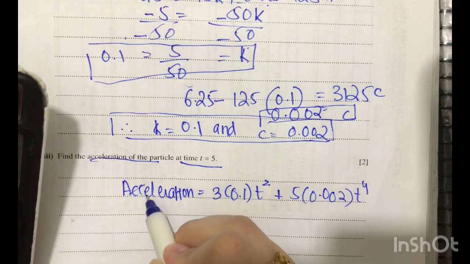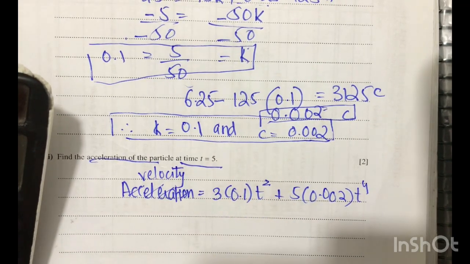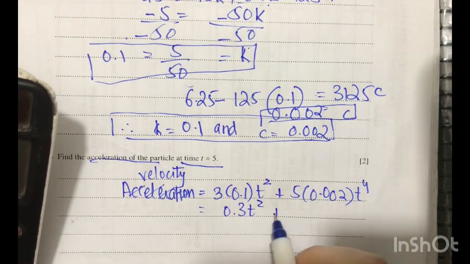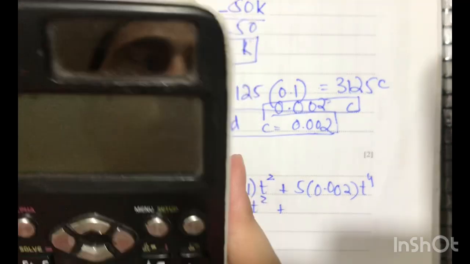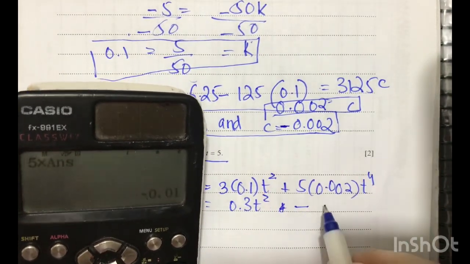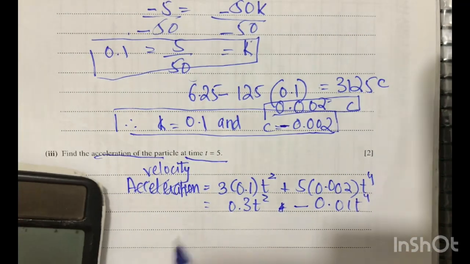Sorry, this is velocity, my bad. So this will become 0.3 t squared plus 0.01 t to the power 4.